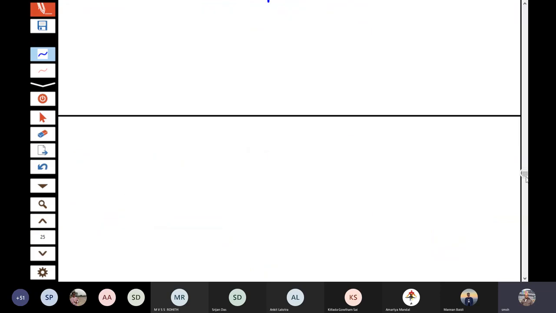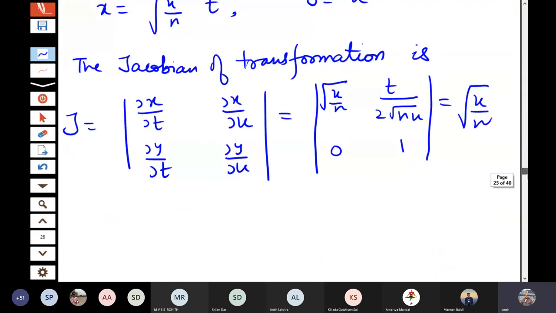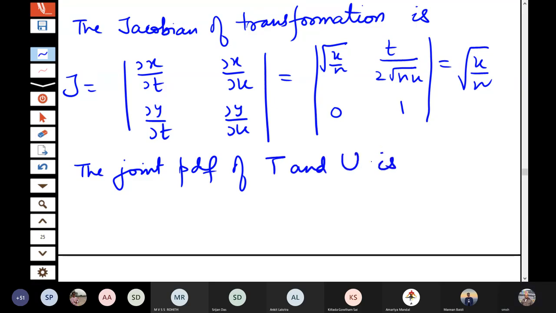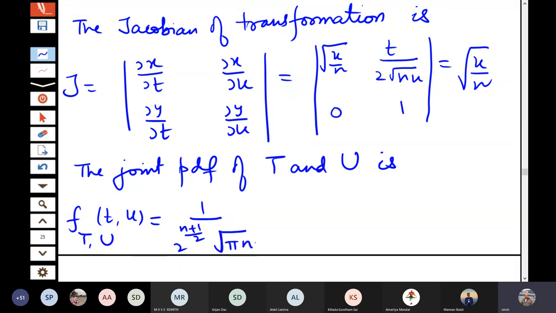So from here the joint distribution of t and u can be written as one by 2 to the power n plus 1 by 2 square root pi n gamma n by 2.